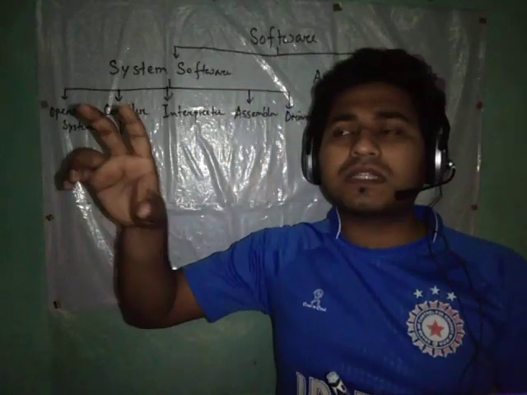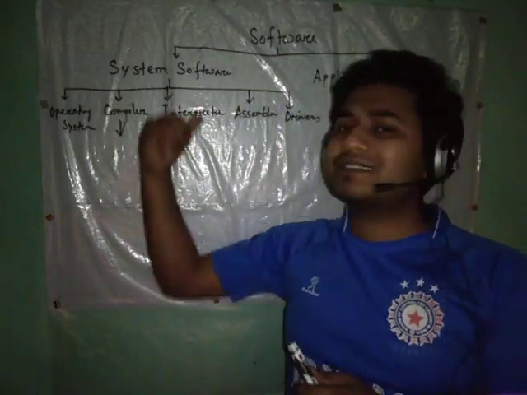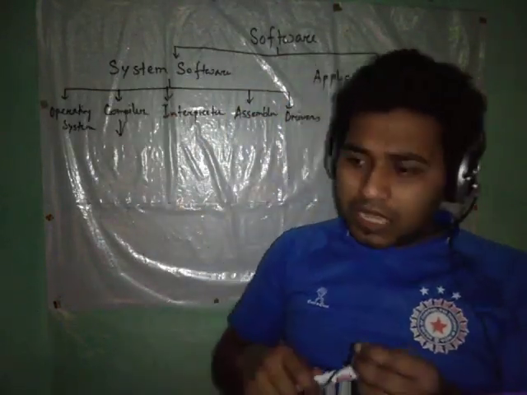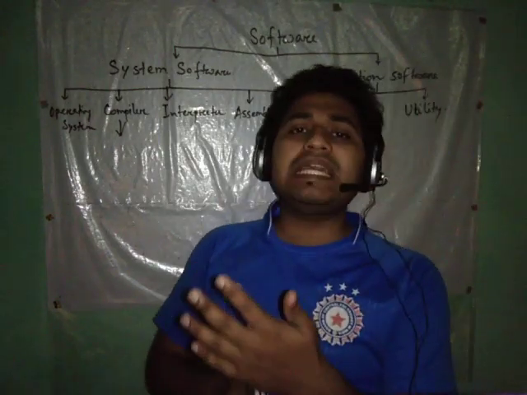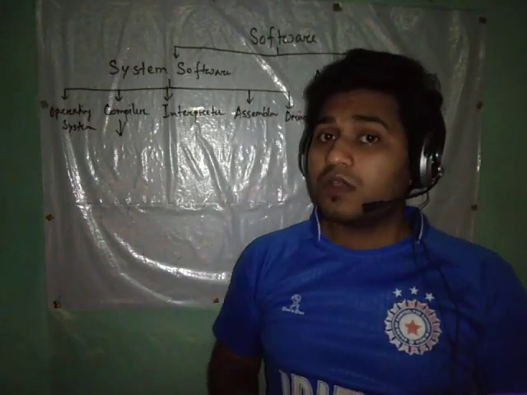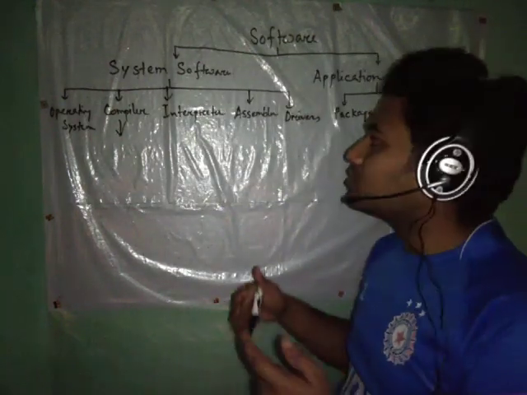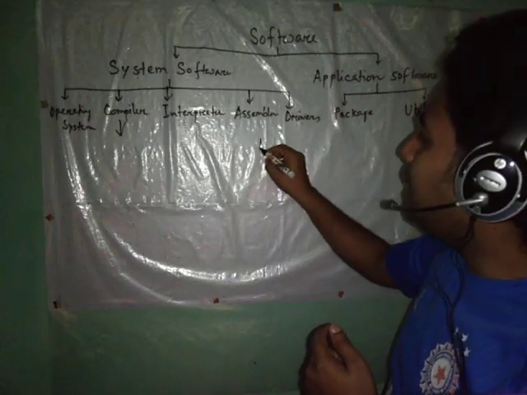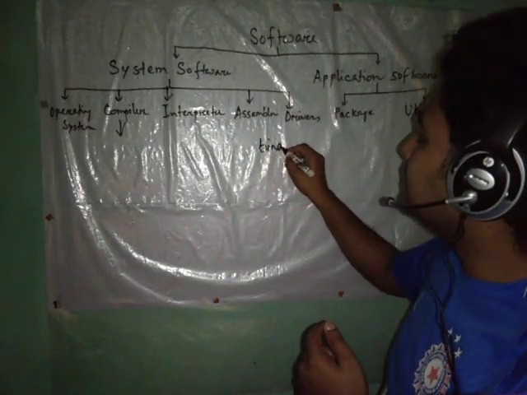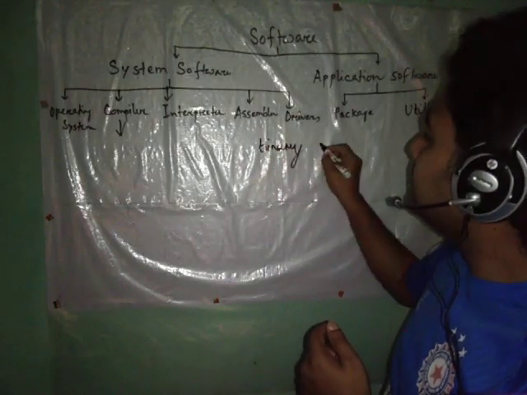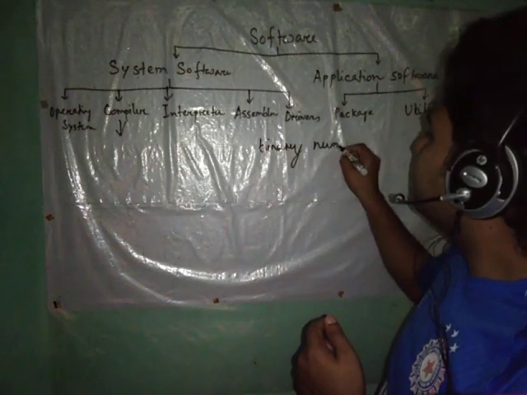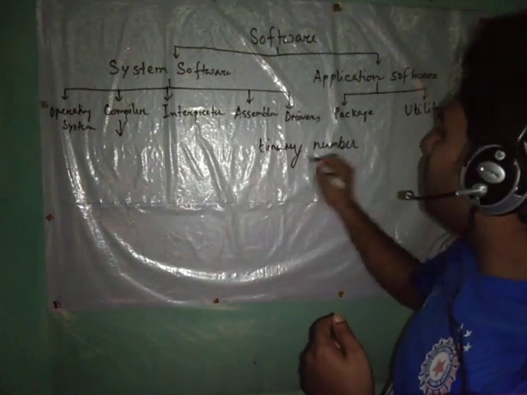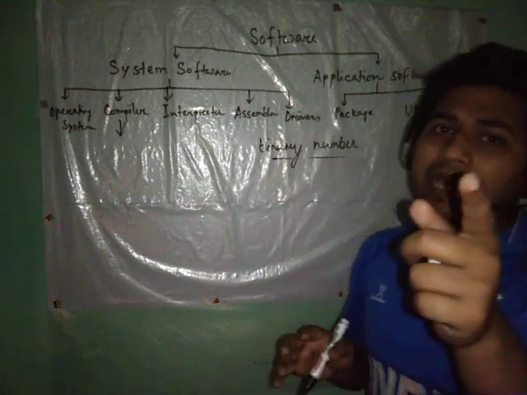So our computer cannot understand these types of things, because our computer system only understands which type? Binary numbers. Our computer system only understands binary numbers.